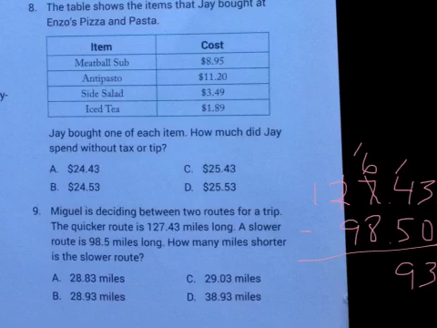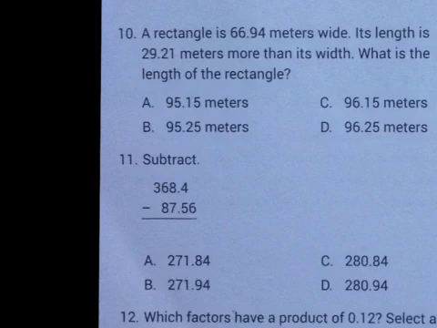So we make this 16, make this a 1. 16 minus 8 is going to be 8. We're going to put our decimal. 1 will not, but 11 will. 11 minus 9 is going to equal 2. So it's 28.93 miles, the difference. The slower route is shorter by that amount.